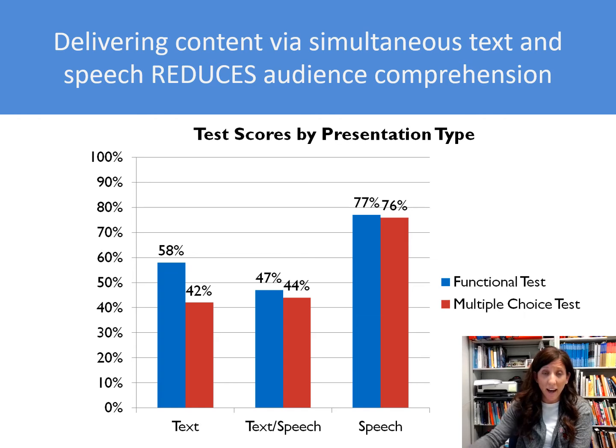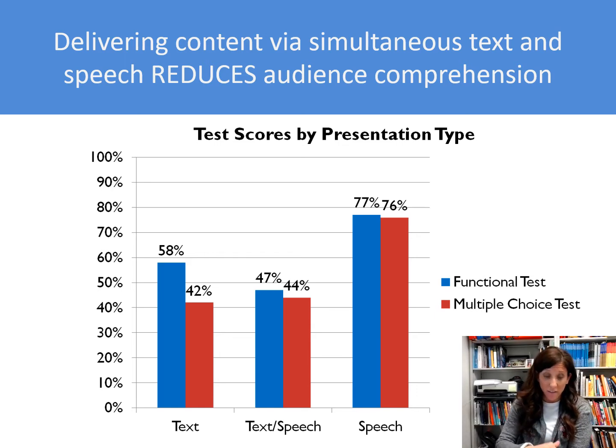Some students simply got text. They had essentially a PowerPoint that was presented to them, but just the words on the slides. Other students just got speech, or they were just presented the information through a presentation. And then the third group got both the PowerPoint slides with the text on it simultaneously with a presentation.